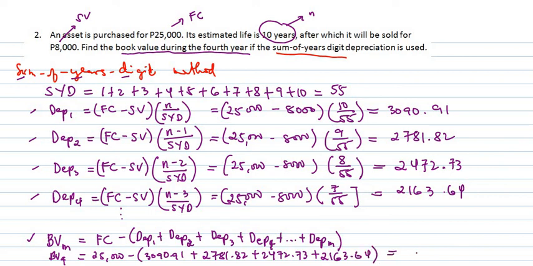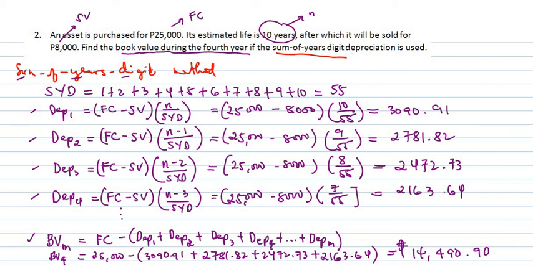So we arrive at our value of 14,490.90. So this is our book value after 4 years using sum of years digit depreciation.